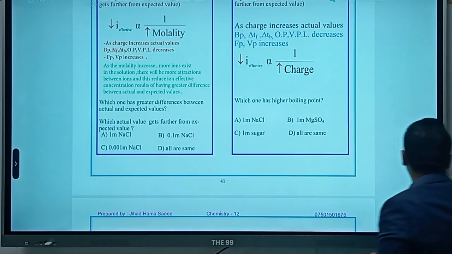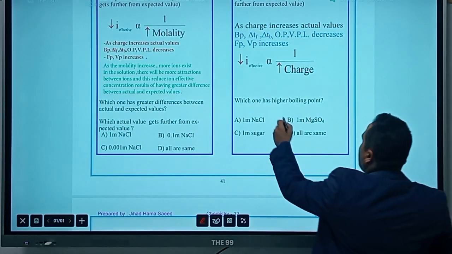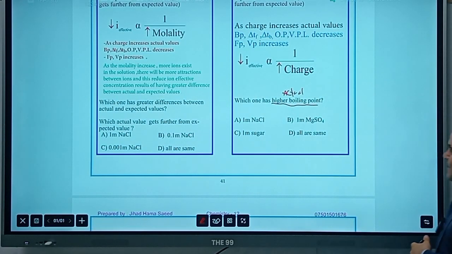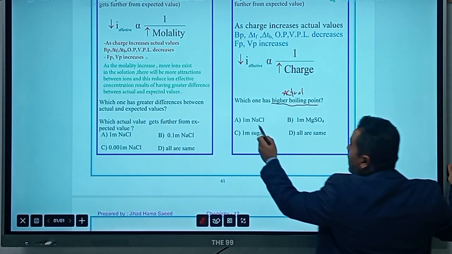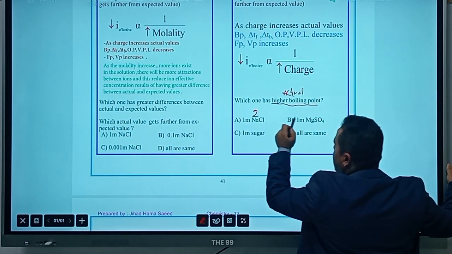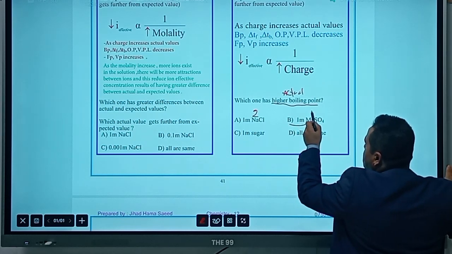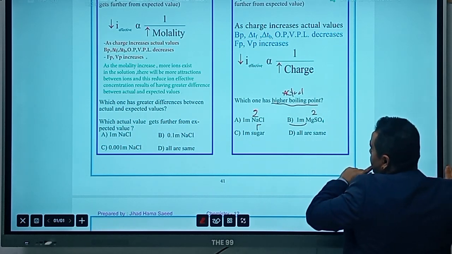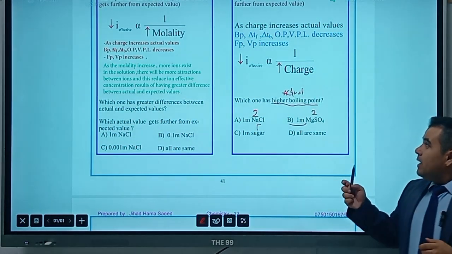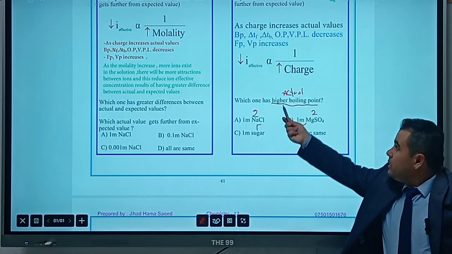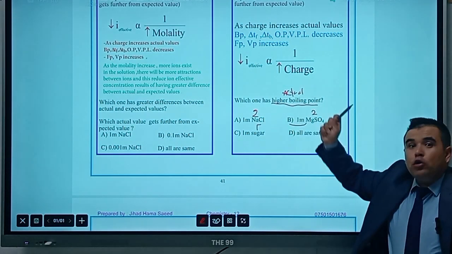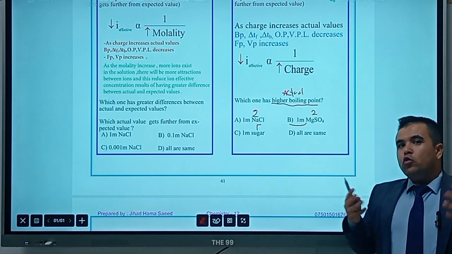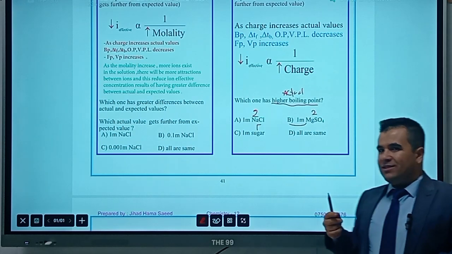Let us solve this question if we have different electrolytes. Which one has higher boiling point? Actual boiling point, of course. Guys, 1 molality of NaCl has ion factor 2, 1 molality of MgSO4 has ion factor 2, 1 molality of sugar has ion factor 1. The one asked about is boiling point, and boiling point is among the 5 quantities.